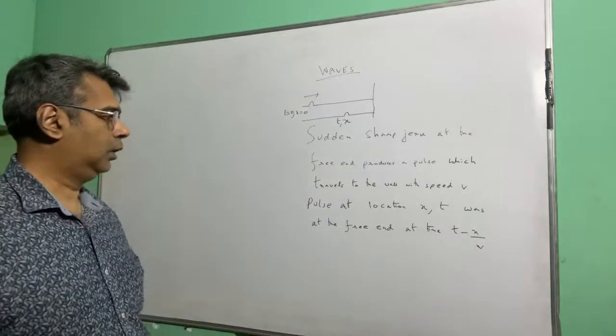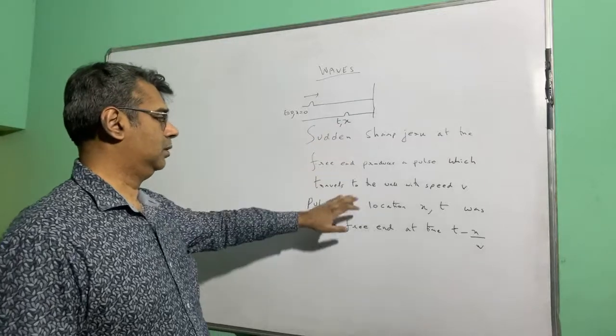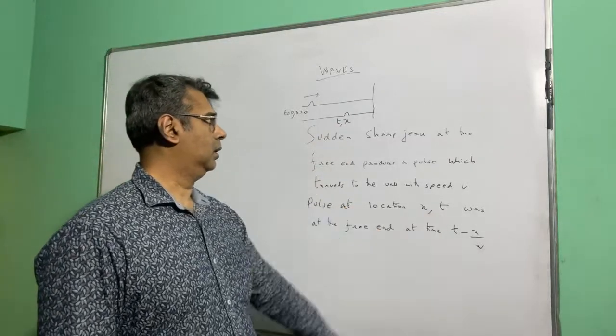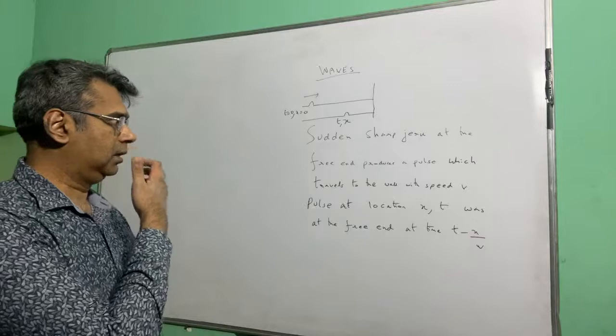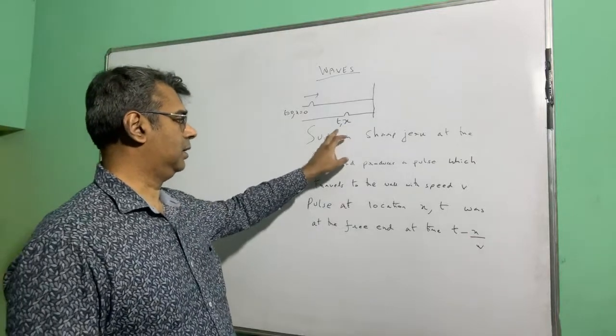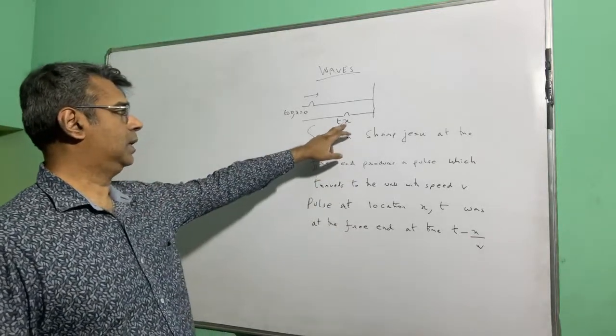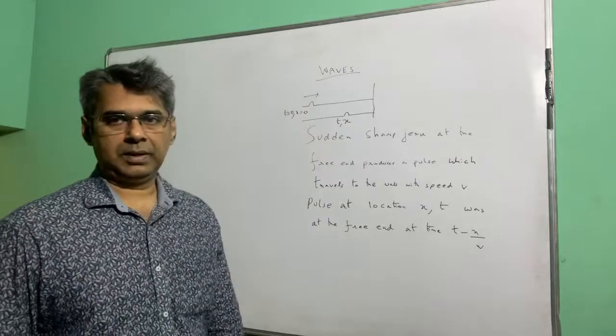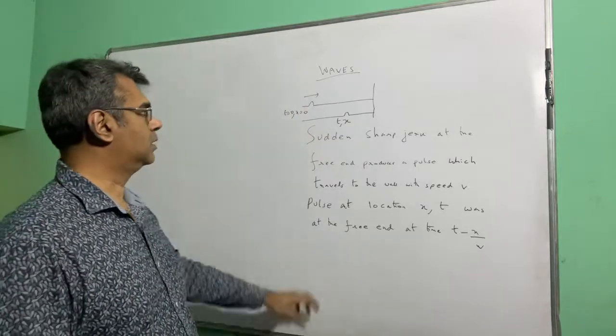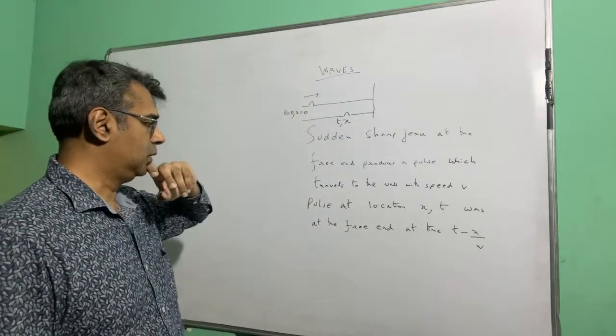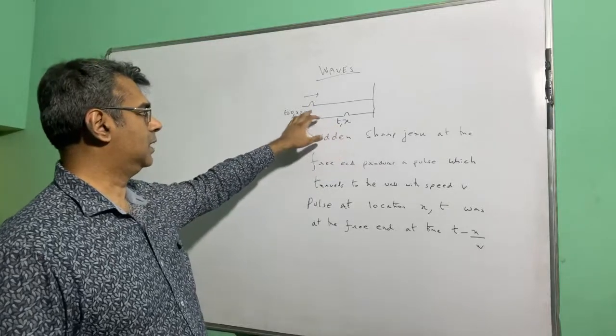Now this pulse, which is located at x comma t, like the location of the pulse is x and the time is t, was at the free end at some time. So when was this pulse at the free end?